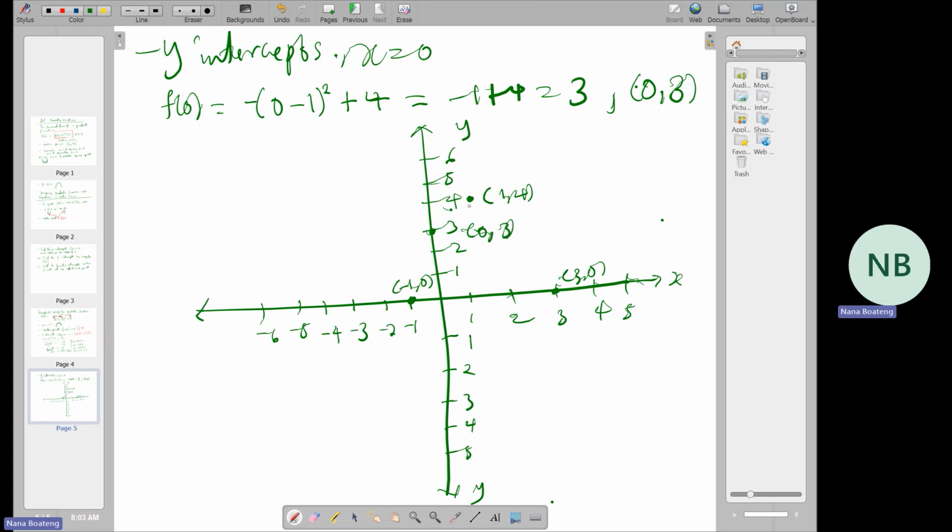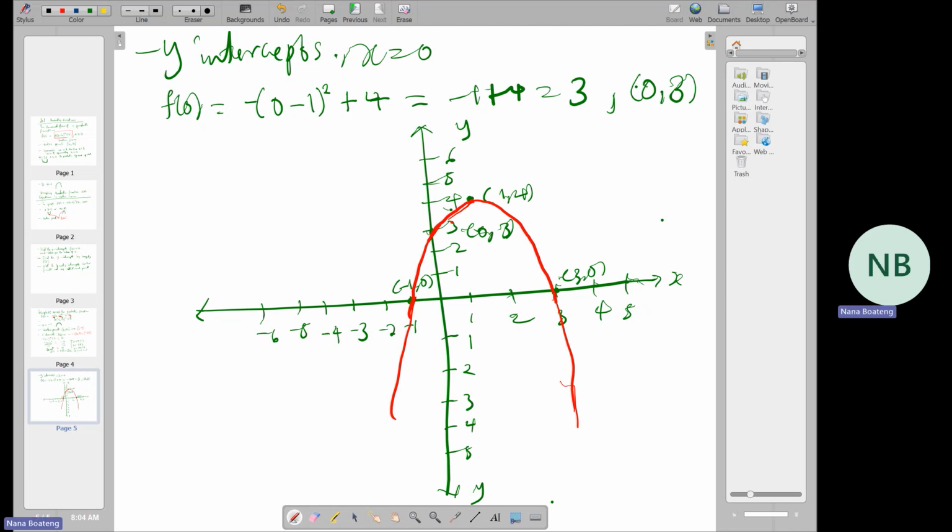All right, so now we have this set of points, and we can join all of them to get our function. With these points, we're able to graph our function. The axis of symmetry is the line x equal to 1.